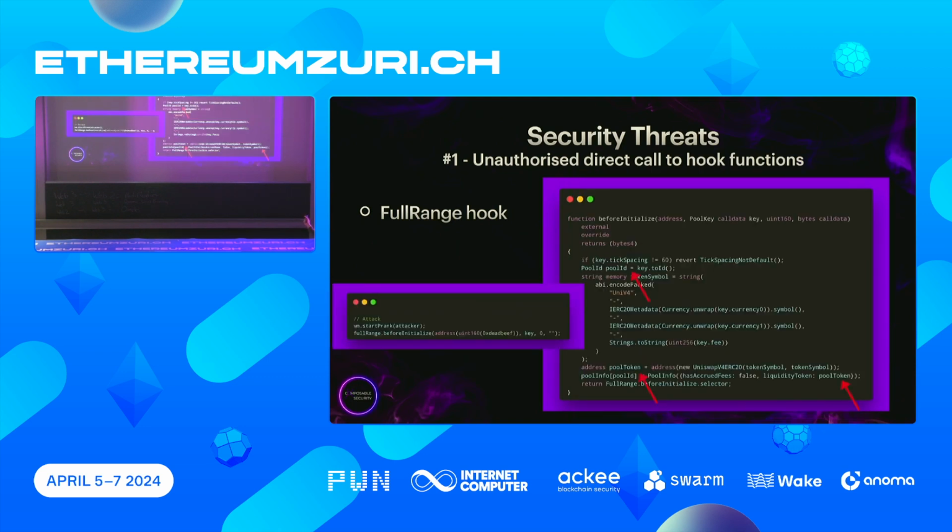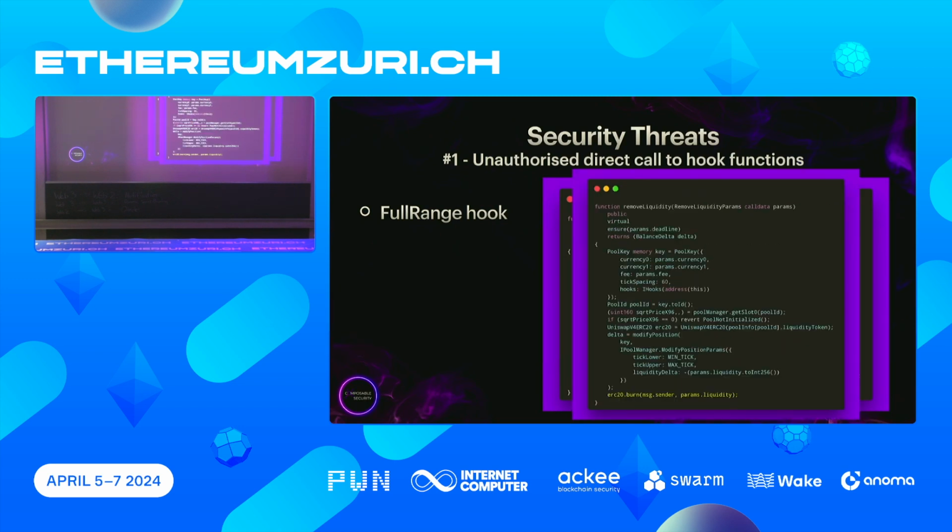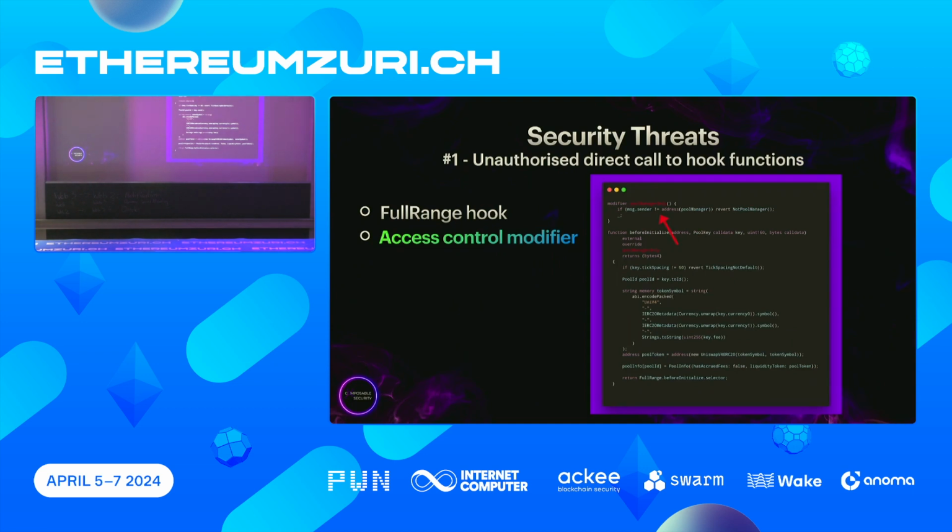However, if I call it again, as you can see at the bottom, it will create a new liquidity pool token, a new ERC20, and that will lead to the overwrite of this pool token, right? So now there is a new ERC20, and you, as the liquidity provider, don't have any tokens of this contract because this is a new one. So when you try to withdraw your liquidity, it will simply revert because you cannot burn tokens that you don't have, right?